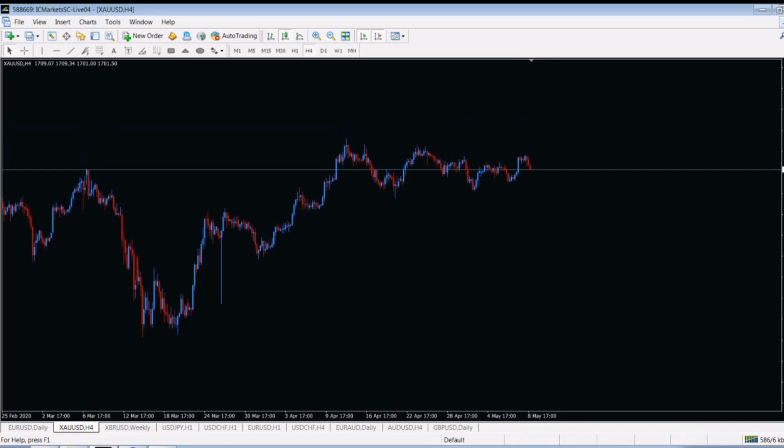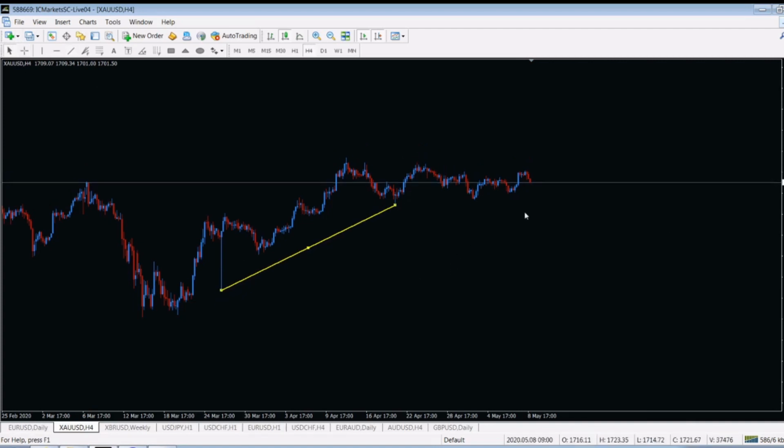What can we do over here? Well, we can draw a simple line. Look, we've got a bottom here and a bottom here. If we draw a line between those two bottoms, it might be an important point in the market.